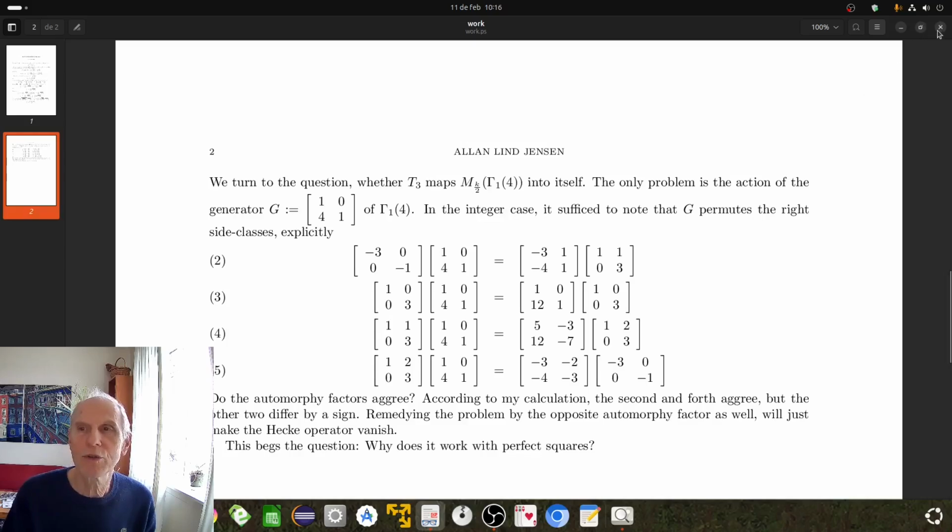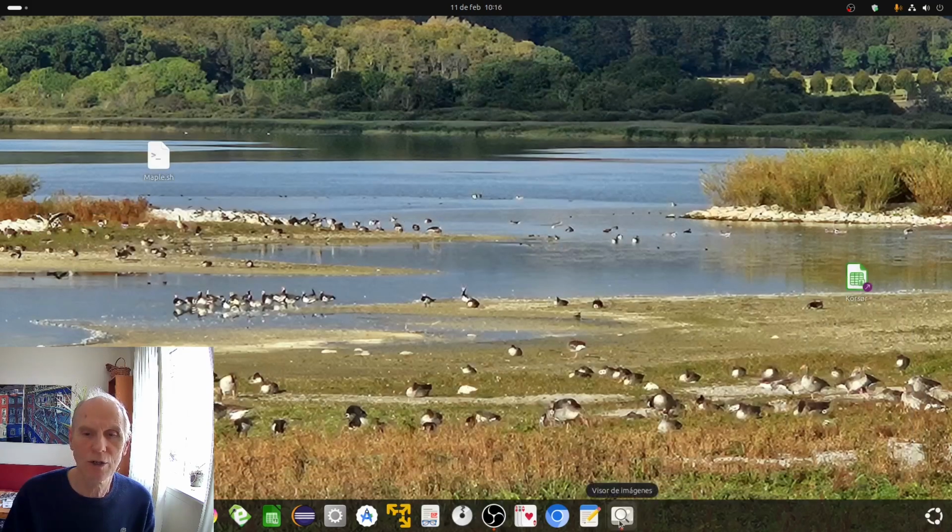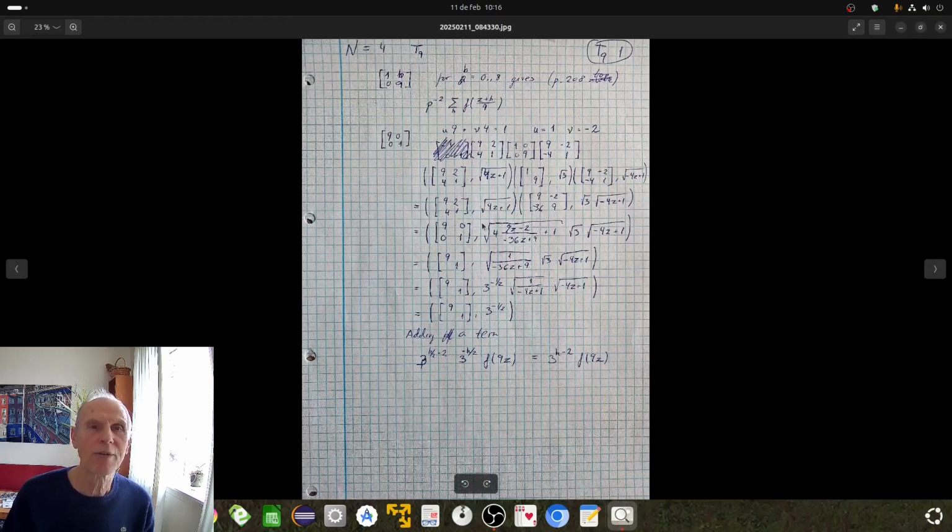What we needed to do next was check, does it work with T9? So again I set n to 4 and wanted just to check that it worked. So we did the same. It's all explained in the book. So I find the automorphy factor as the same as they got in the book.